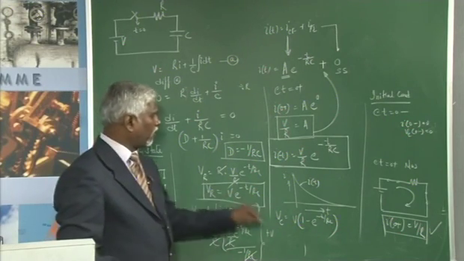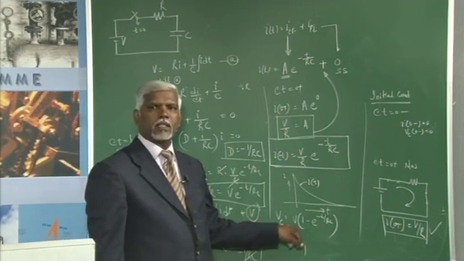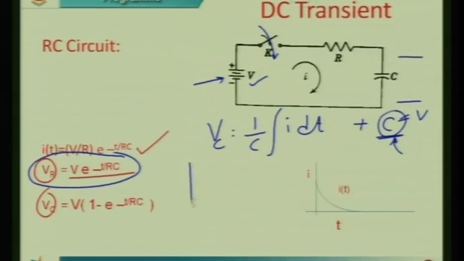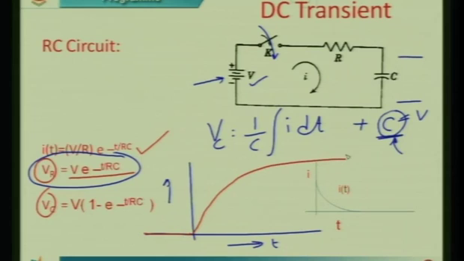So, I got VR, and I got VC, the voltage across the capacitor. If you plot the voltage across the resistor and the voltage across the capacitor with respect to time, the component voltages will be one increasing and the other decreasing curve.